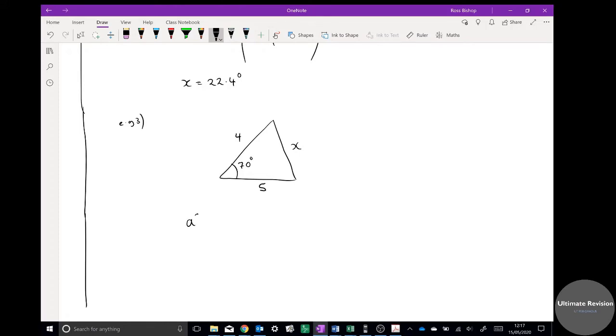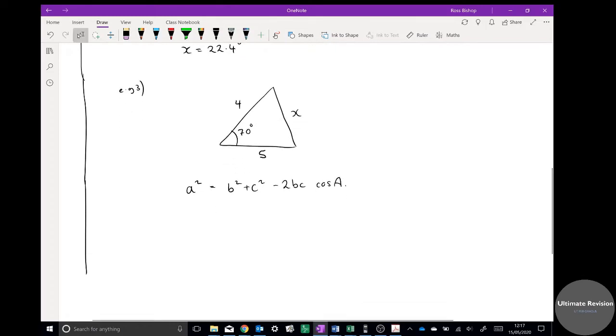Now, the cosine rule is a squared equals b squared plus c squared minus 2bc cos A. Big A is the angle, and little a is the opposite side. So I know x squared is 4 squared plus 5 squared, minus 2 times 4 times 5 times cos 70.